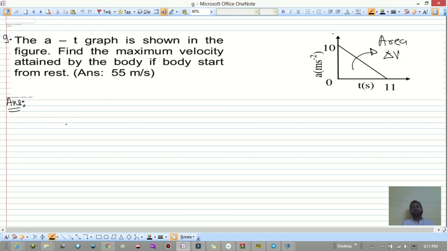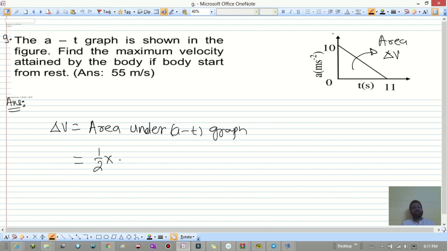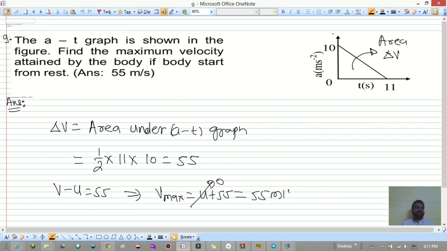The area is the triangle area: 1 by 2 into base 11 into height 10, so you will get 55. So v minus u is equal to 55. The maximum velocity possible is u plus 55, but as it starts from rest, it will be 55 meter per second. So it is very simple.